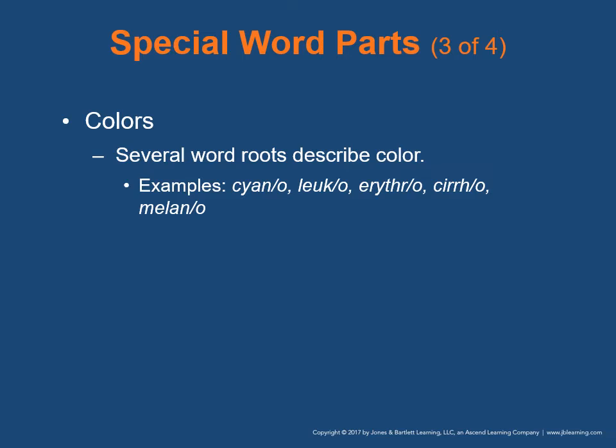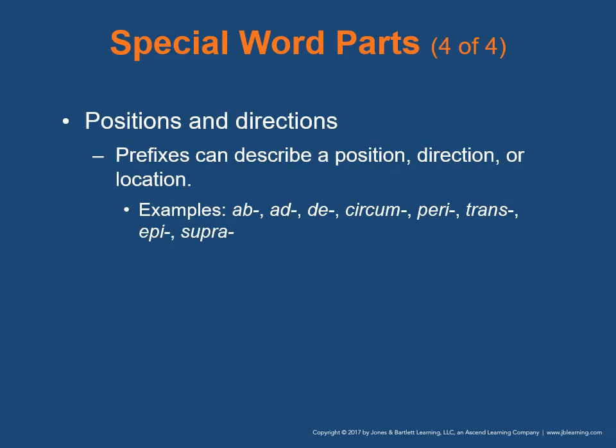Several word roots are used to describe color. Examples are cyano, leuco, erythro, cirrho, and melano. Positions and directions. Prefixes can also be used to describe a position, direction, or location. Examples are ab, ad, de, circum, peri, trans, epi, and supra.